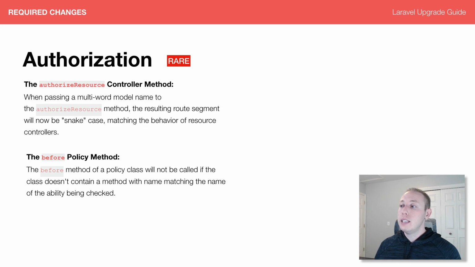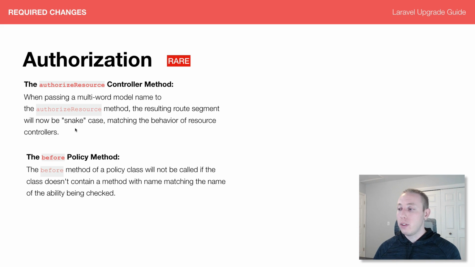Now for authorization. If you are using authorization, these two methods are pretty rare. I marked them rare because I don't think it's going to apply to too many of you. But if you are overriding the authorize resource method, keep in mind that if you have a multi-word model name, the result is going to come back in snake case.